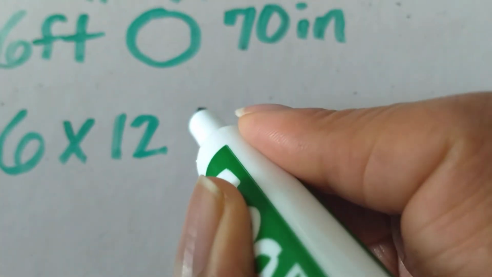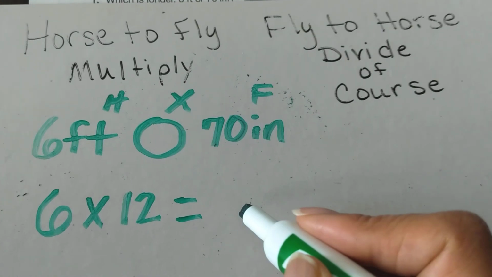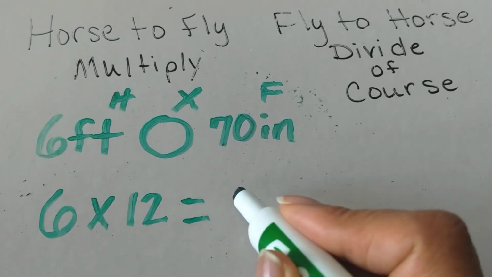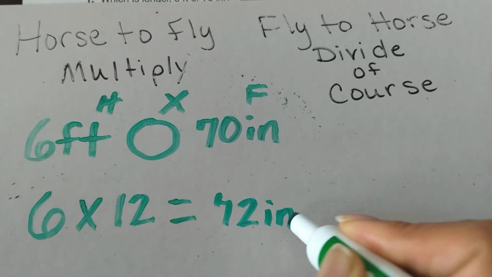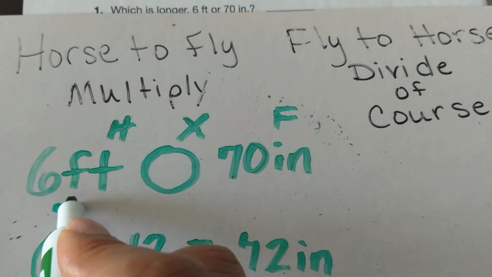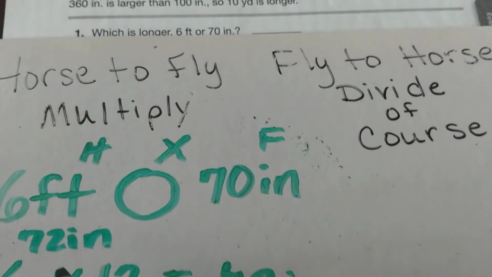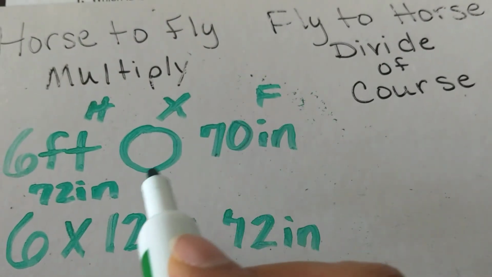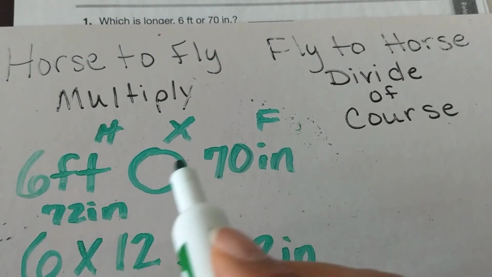6 times 12 is equal to what? What's 6 times 12 equal to? 72. Very good. So 72 inches. So 6 feet equals 72 inches. So now we're comparing inches to inches. Just makes it a whole lot easier, doesn't it? Okay. So 72, of course, is greater than 70.